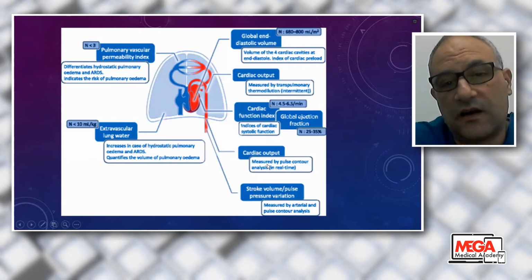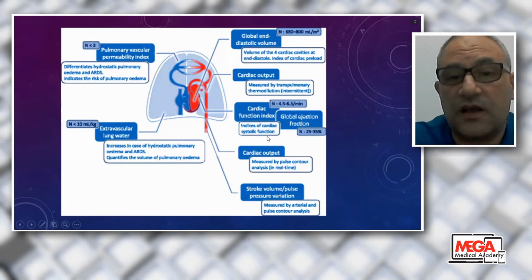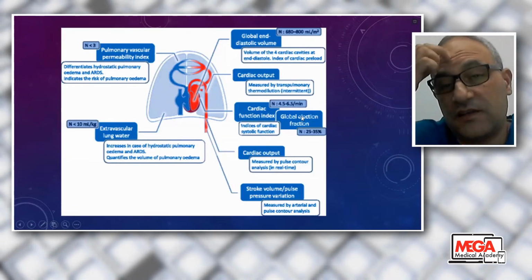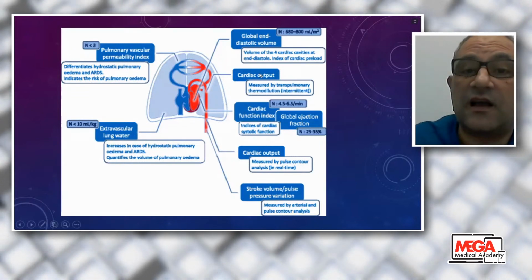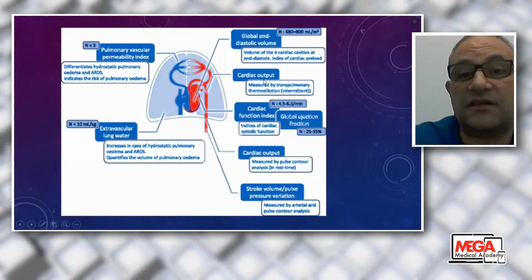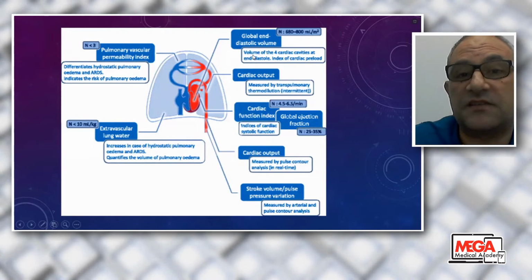Also it detects cardiac output by pulse contour analysis, stroke volume, and pulse pressure variation. We can detect cardiac function index and global ejection fraction, an estimate of the global function of the heart, normally 25 to 35%. Cardiac output measured by transpulmonary thermodilution is intermittent, not continuous like that measured by pulse contour analysis.